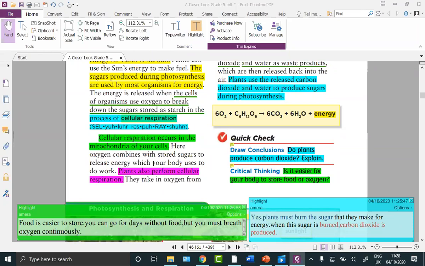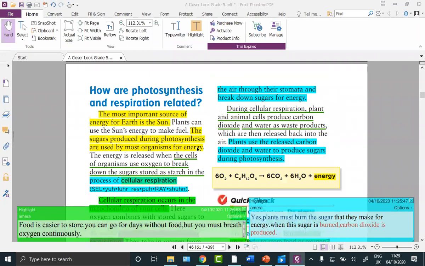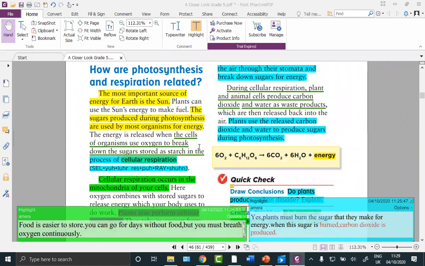Plants also perform cellular respiration. They take in oxygen from air through their stomata and break down sugar for energy.